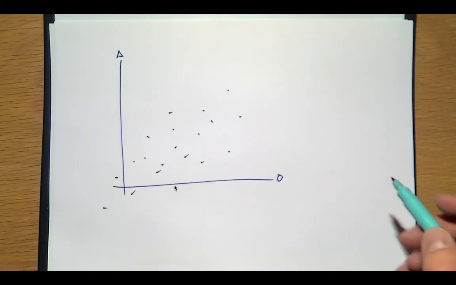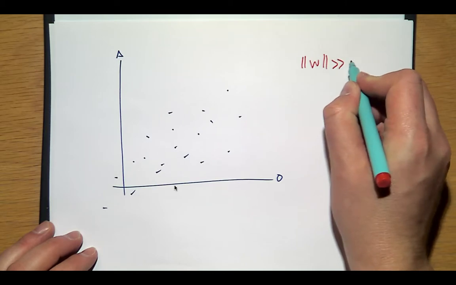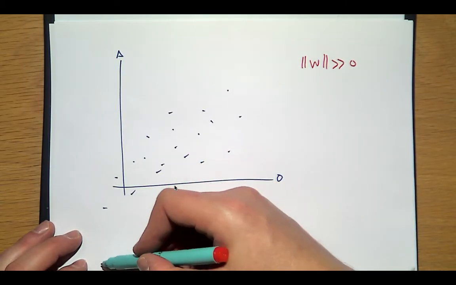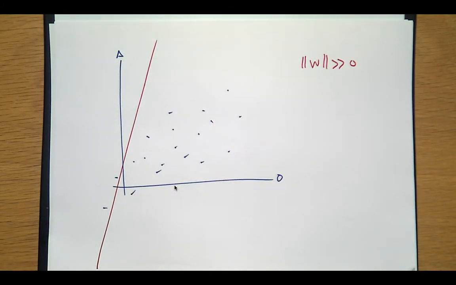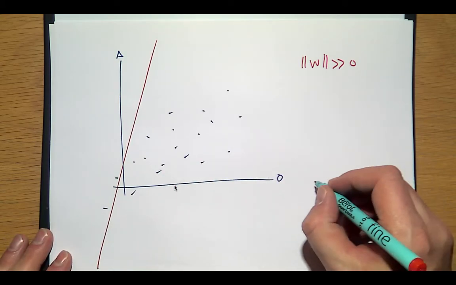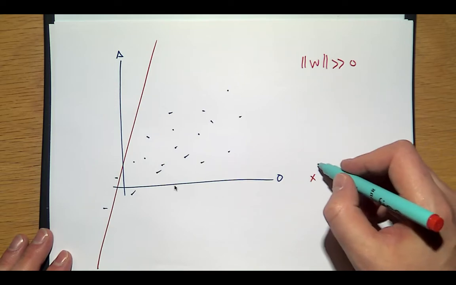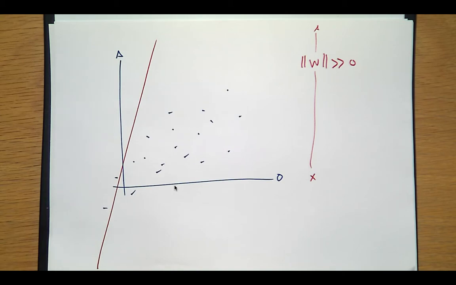Now, if the weights are very large, then in 2D at least, your slope is going to be very high. And that means that if you're given a new sample here, the new estimate is going to be very, very high.